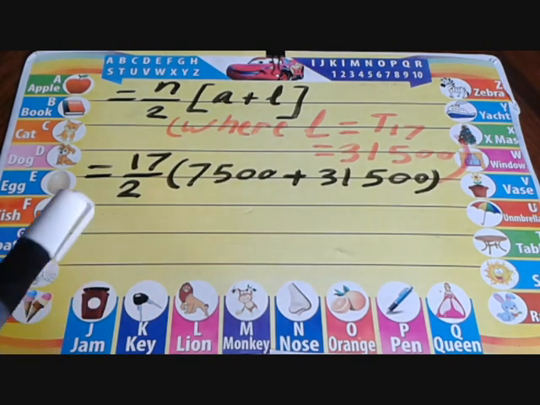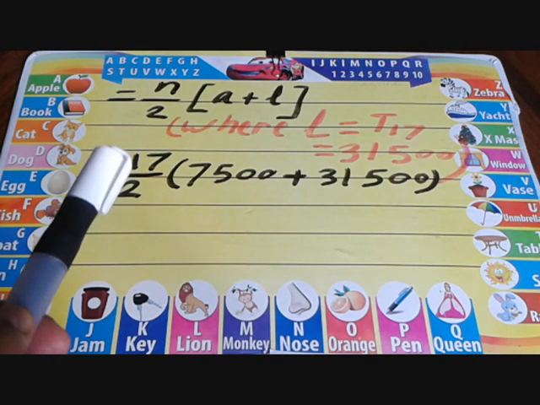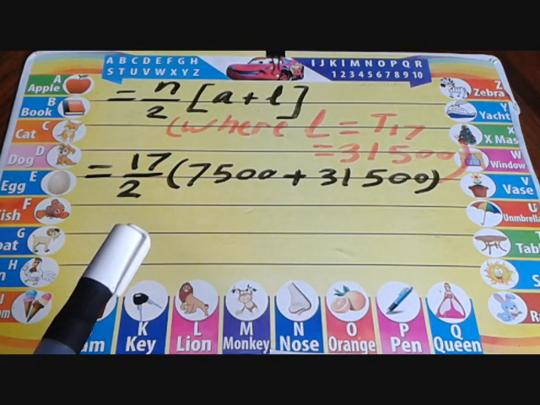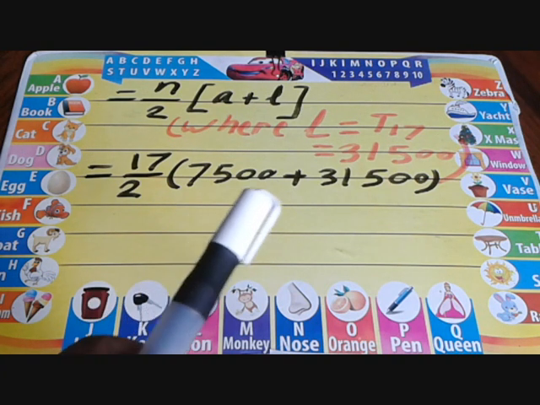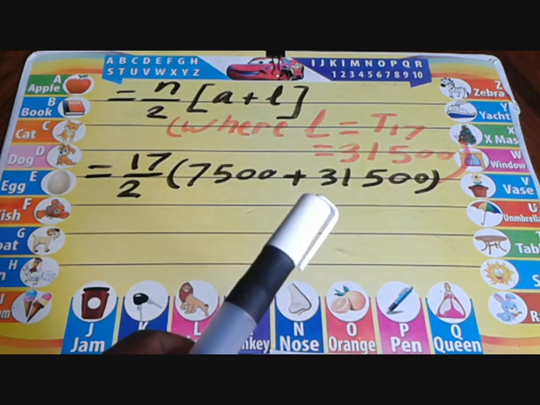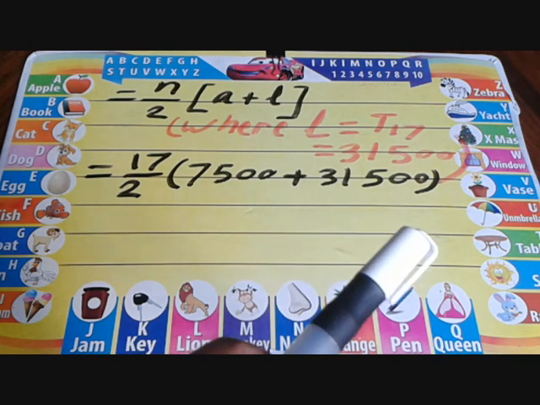This equals 17 over 2 times 7,500 plus 31,500.